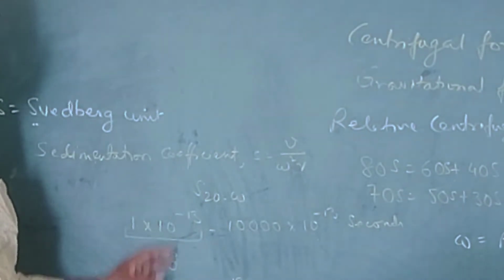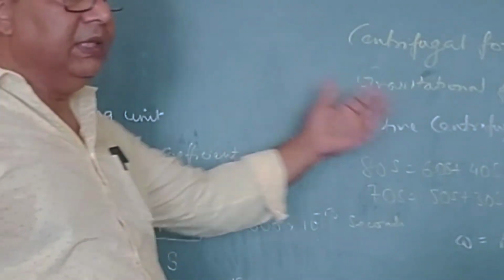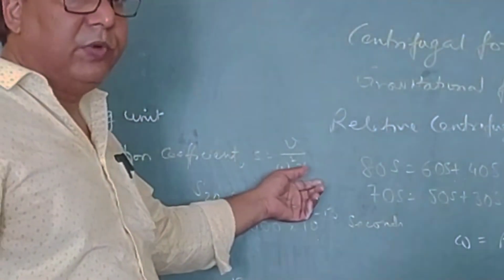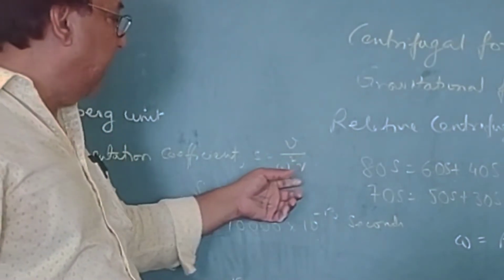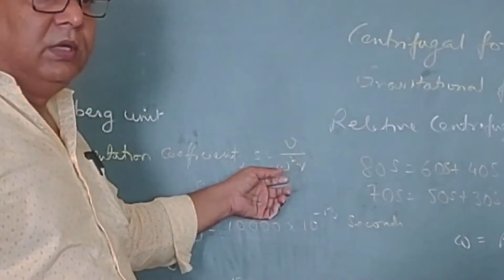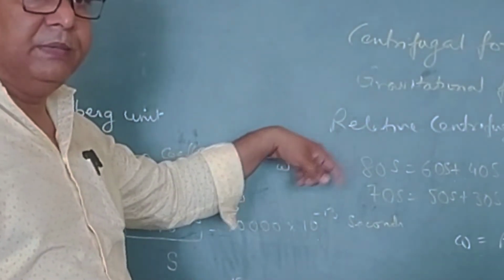How much the sedimentation coefficient is, is settled that way. If somebody wants to calculate V, S is equal to V by omega square R, then one can calculate omega from the revolutions per minute, RPM.